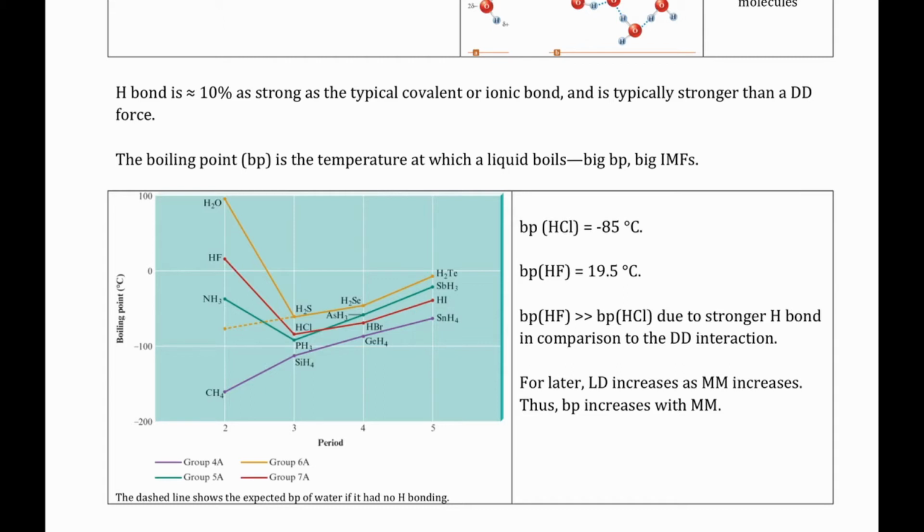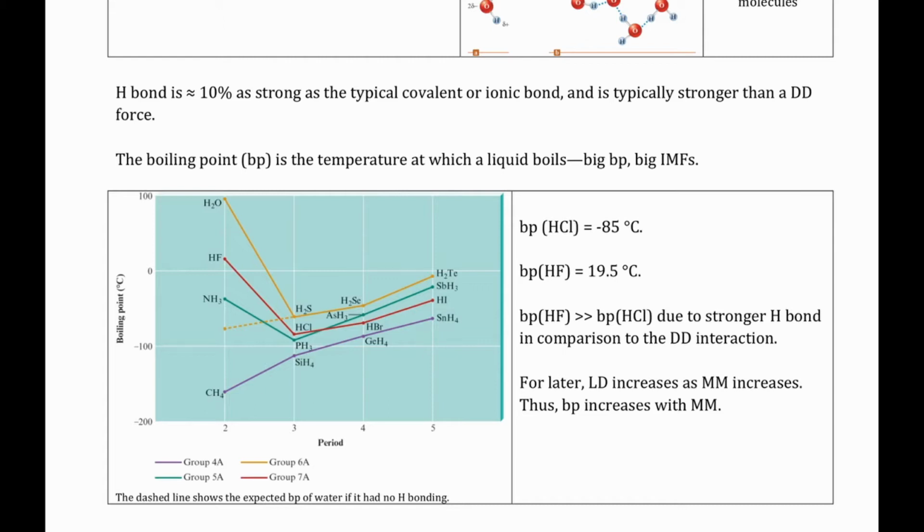And then we go to the oxygen, the orange data. We see water way up at the top, higher than H2S, H2Se, H2Te. Those are all polar molecules, but the H2S, H2Se, H2Te can only do dipole-dipole type force.